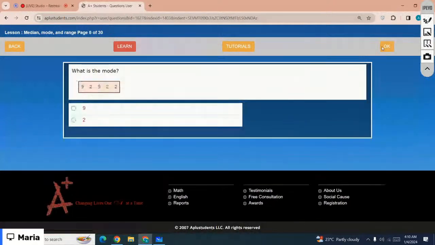What is the mod? Which is the correct option? Mod is the number that appears the most of the time in the given data. So which number appears most of the time in the given data?